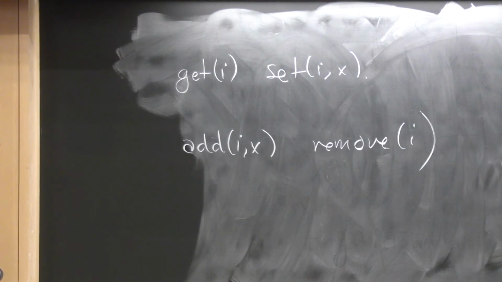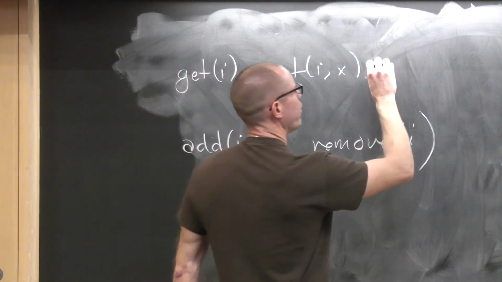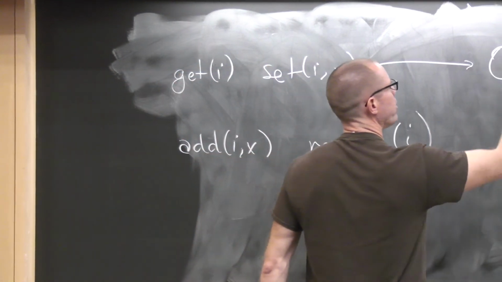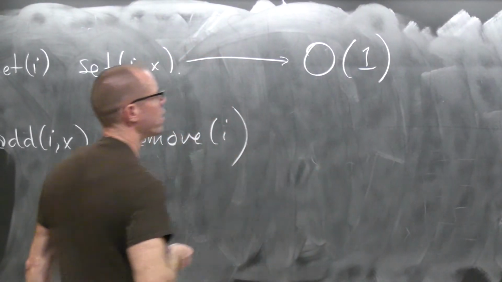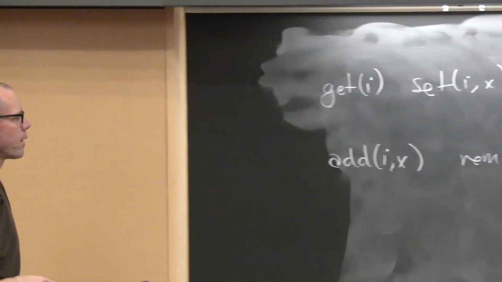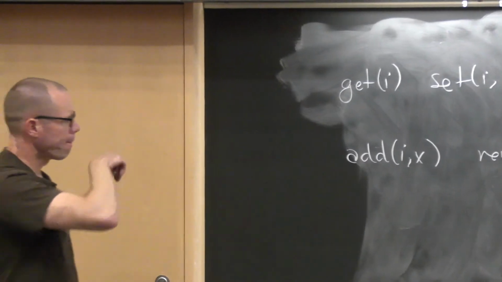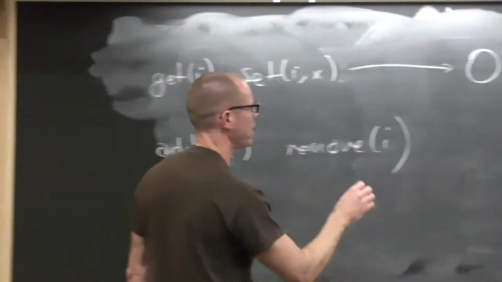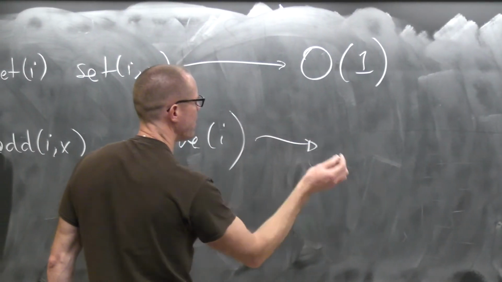Somehow we saw that if you use arrays, you can do get and set in constant time. But the add and remove operations get expensive.